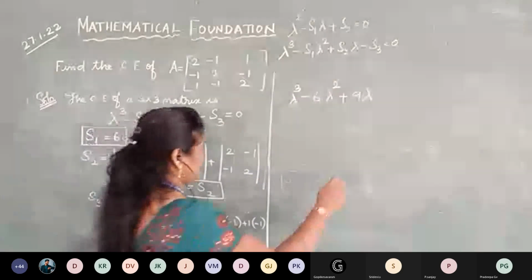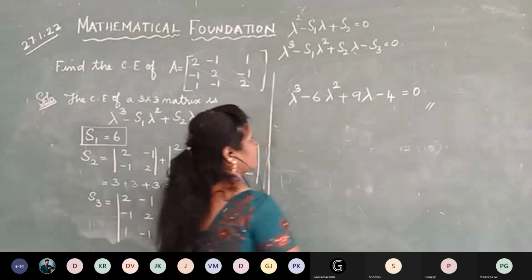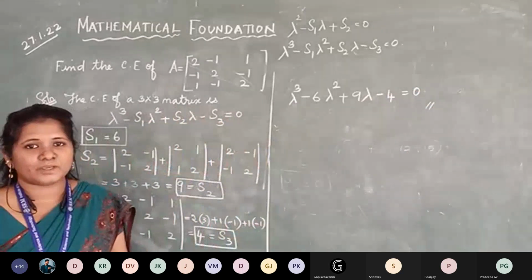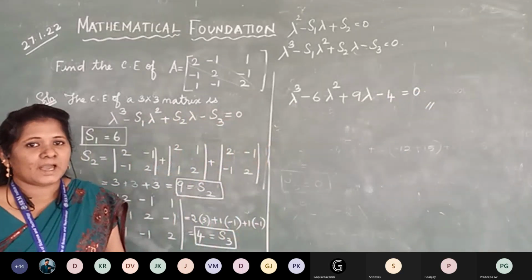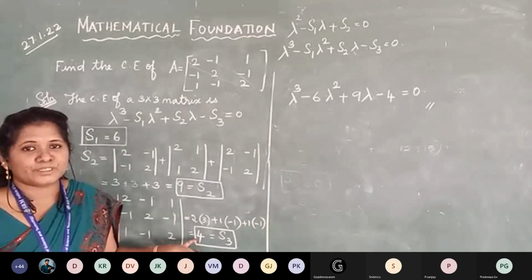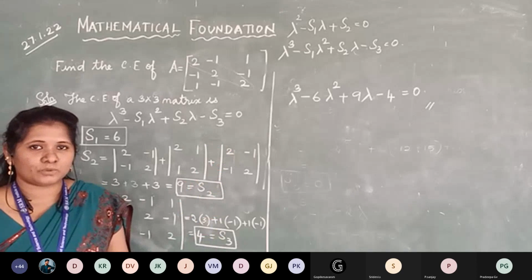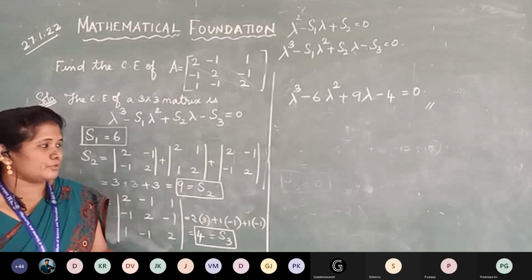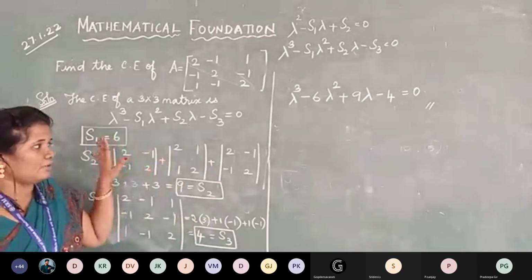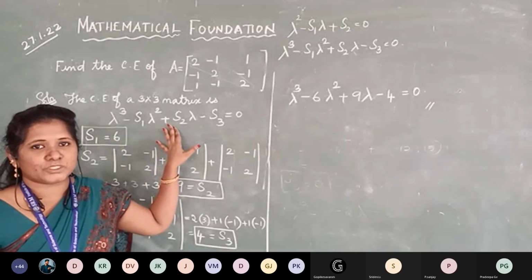And your constant term minus 4, which is equal to 0. This is how you're finding out your characteristic equation. After finding out your S1, S2, S3, you will have to substitute definitely in that equation. Okay, the main aim is to find out that characteristic equation.